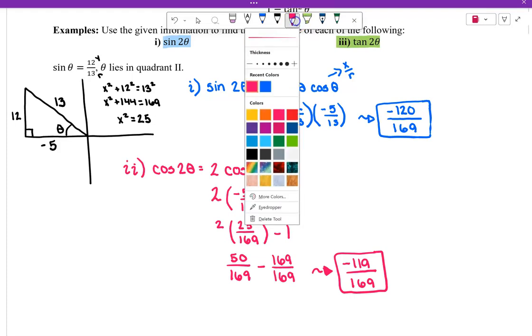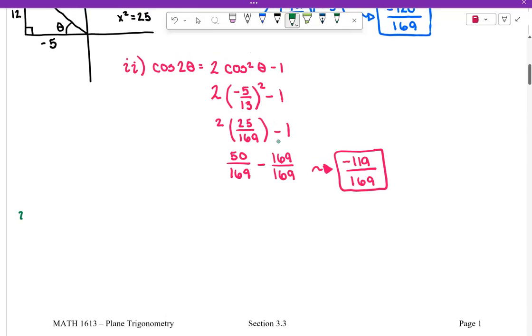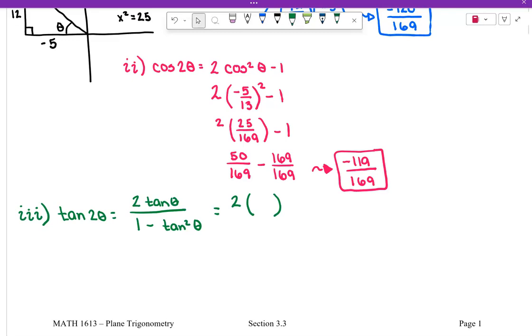And the last one, we'll look at tangent. So for tangent, we're going to have 2 times tan of theta over 1 minus tangent squared of theta. We'll just go ahead and go this way right now on this one. So we're going to have 2 times, let's see what we got here.